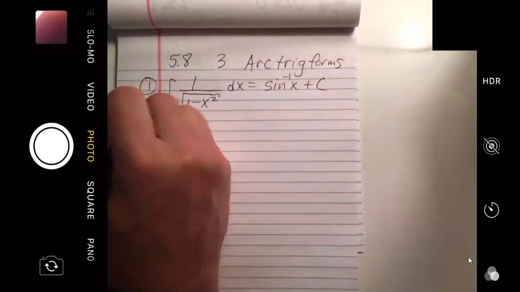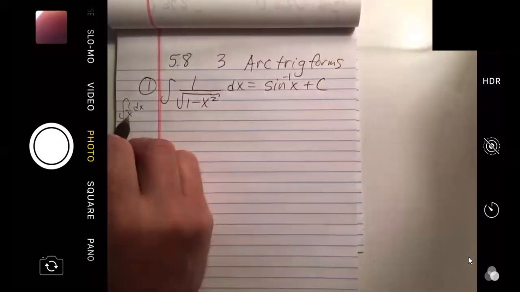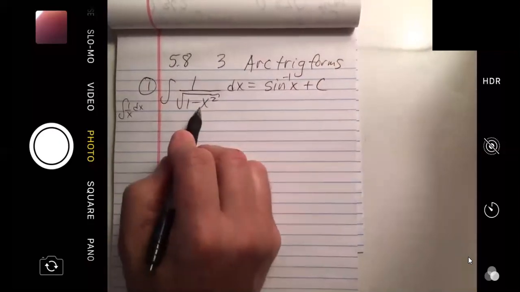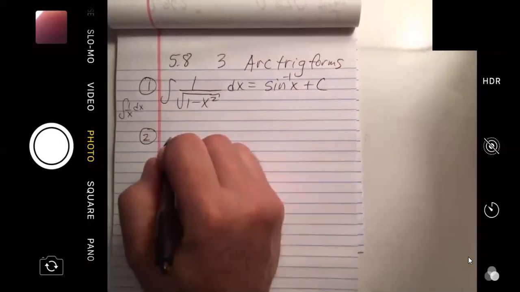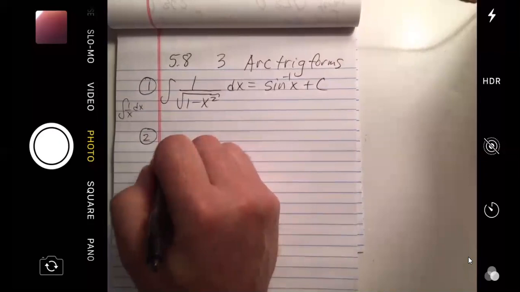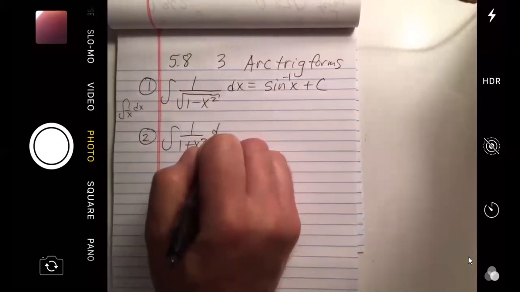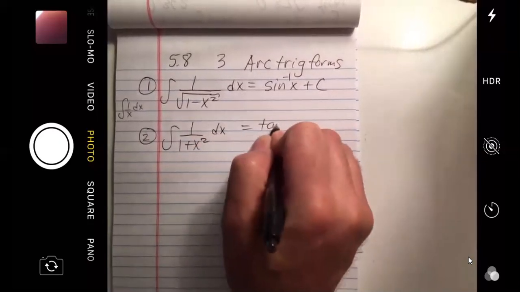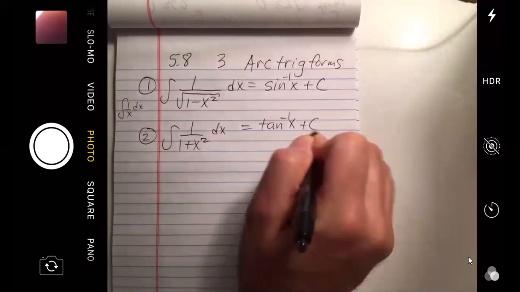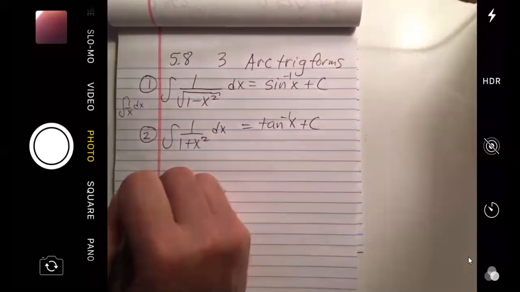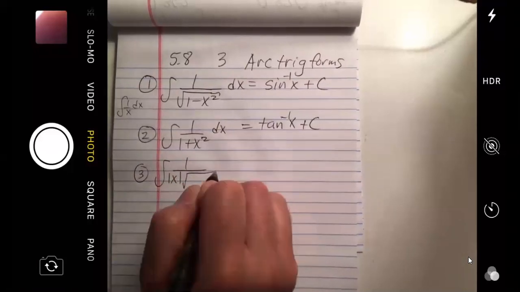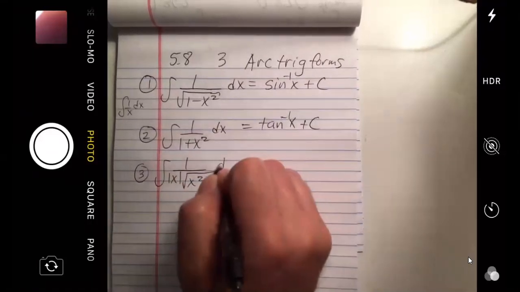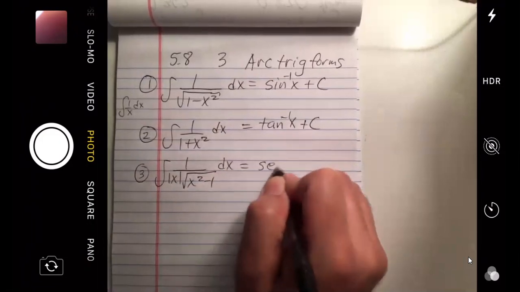It doesn't look anything like this, and problem 11 doesn't look anything like this. The second form is the arctangent. An integral of 1 over 1 plus x squared is an arctangent. And the third one is the arcsecant. We put an absolute value of x, square root of x squared minus 1, is an arcsecant.